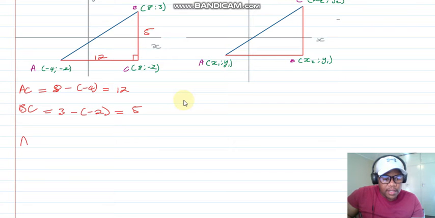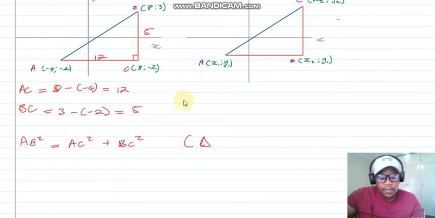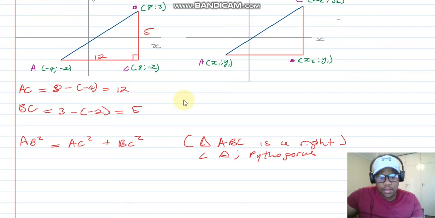By Pythagoras, AB squared is equal to AC squared plus BC squared, and that's because triangle ABC is a right angle triangle, and that's the reason why we're using Pythagoras. We substitute: we know AC is 12, that's squared, and we know BC is 5, we square that.